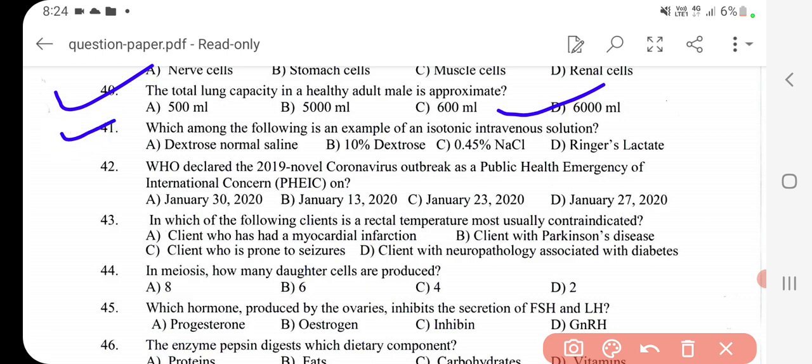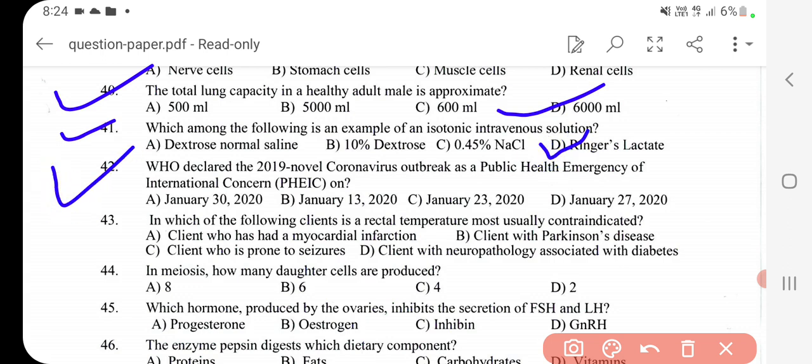Next, 41. Which among the following is an example of isotonic intravenous solution? Dextrose normal saline, 10% dextrose, 0.45 NaCl, and last is Ringer's lactate. So the right answer is option D, Ringer's lactate. Next, 42.